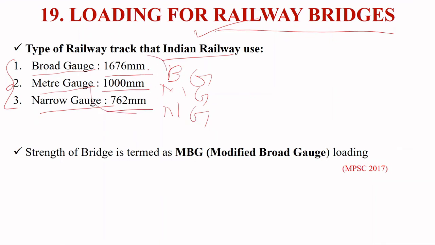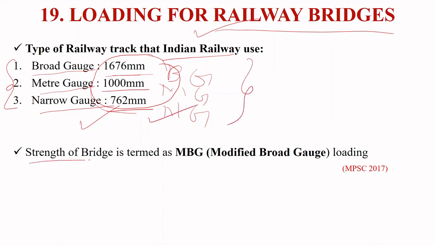Now these values are important. You have to remember them when we study railways, and you will get these values there also. So just remember the values for broad gauge, meter gauge, and narrow gauge: 1676 mm, 1000 mm, and 762 mm respectively.